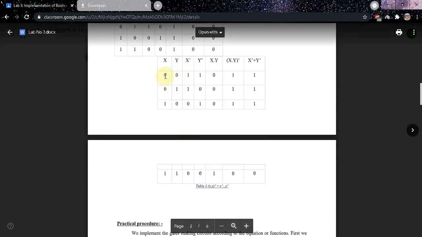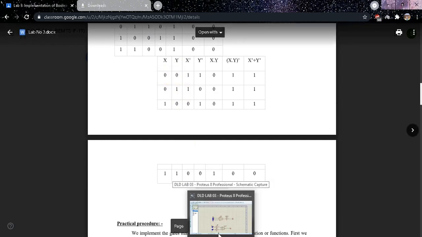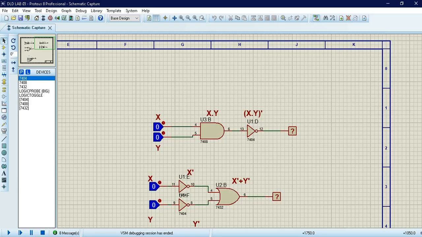When we give 0 and 0 at the inputs, as we know, 0 and 0 gives us an output of 0, and 0 when inverted by a NOT gate gives us an output of 1.